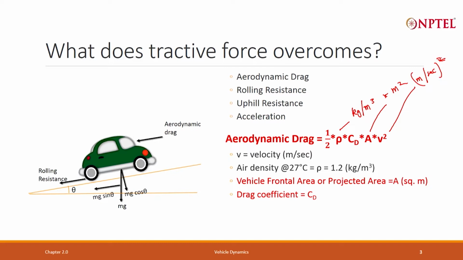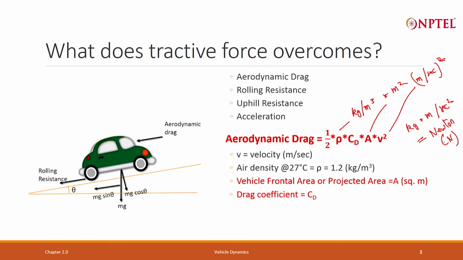So, what does that unit work out to be? This will come out to be kg; there is a meter cube below and meter square on the top, so they cancel. But there is 1 meter square here, so it will be into meter and divided by second square. So, kg into meter per second square, which is equal to Newton, the unit of the force.